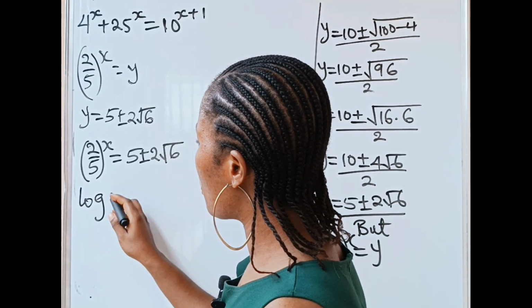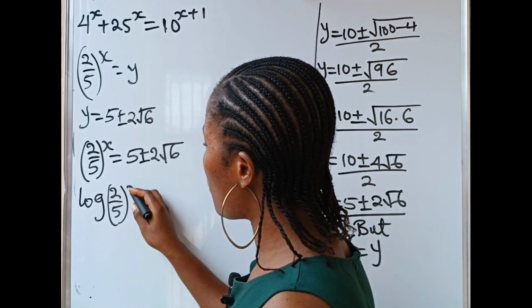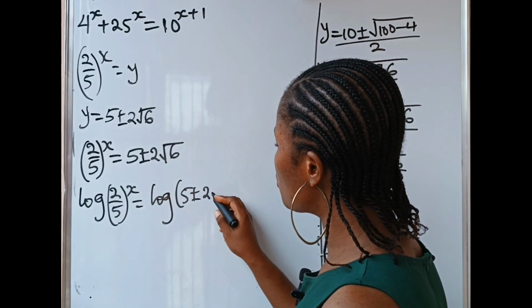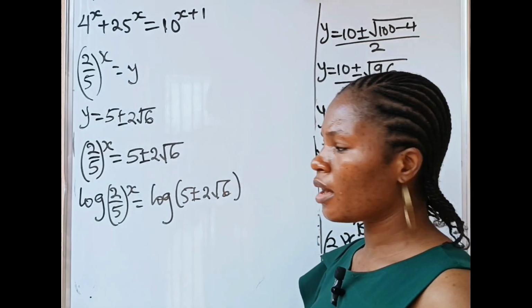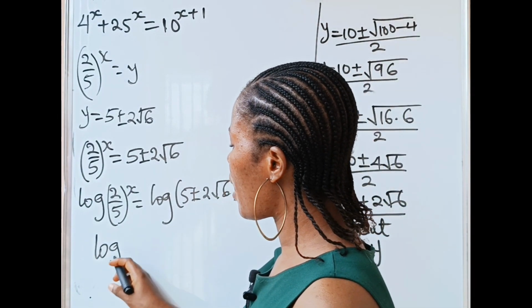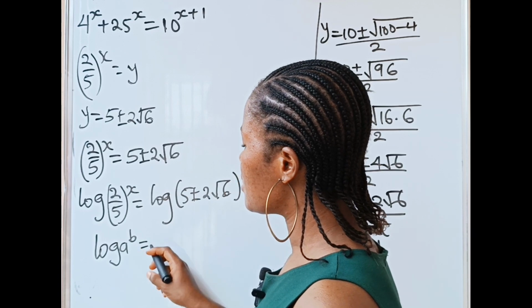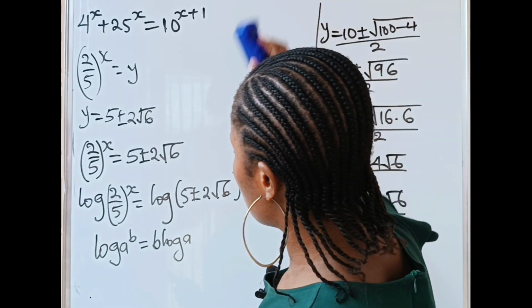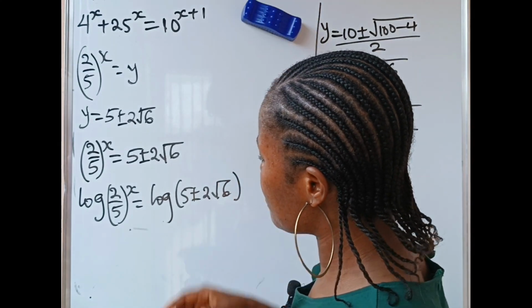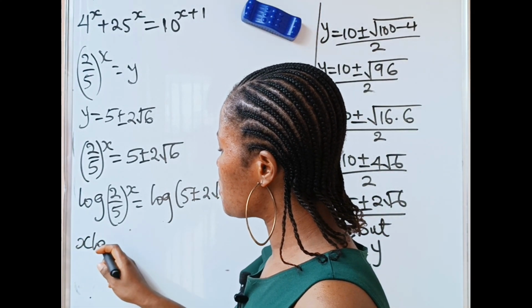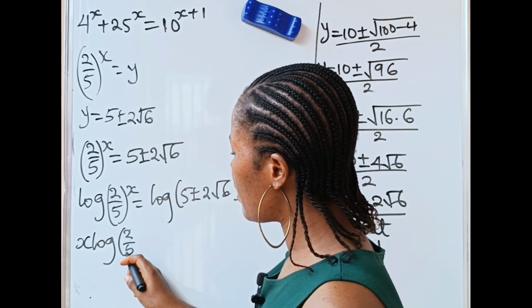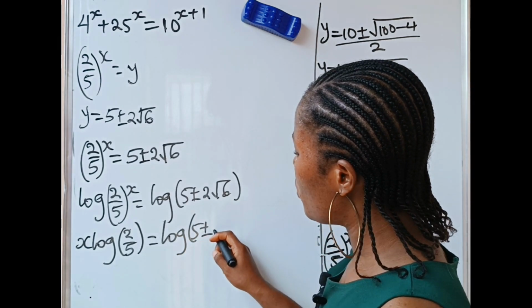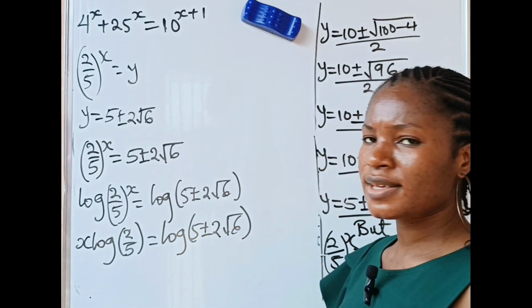So we have log 2 over 5 to the power of x is equal to log 5 plus or minus 2 root 6. Okay, now when you have log a to the power of b, this is same thing as b multiplied by log a. So we can now rewrite this as x multiplied by log 2 over 5 is equal to log 5 plus or minus 2 root 6.